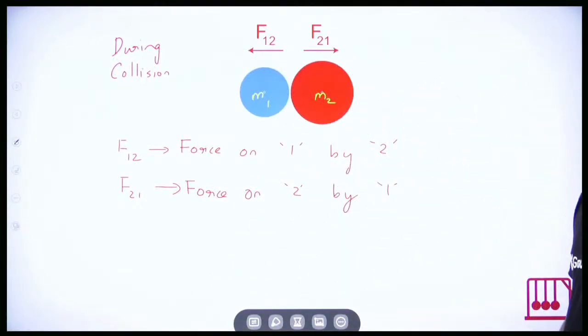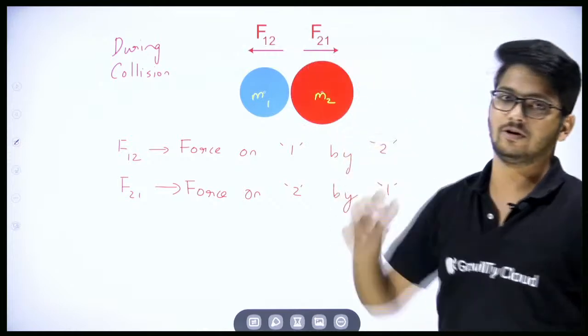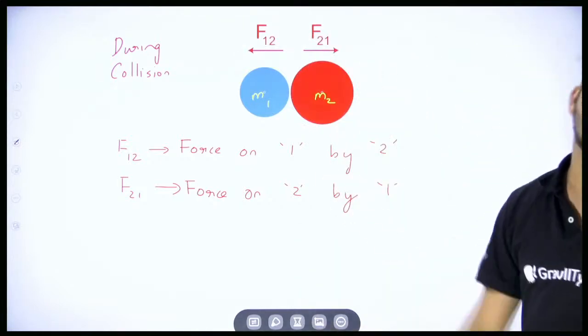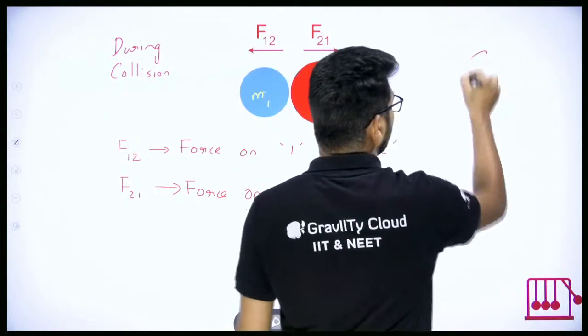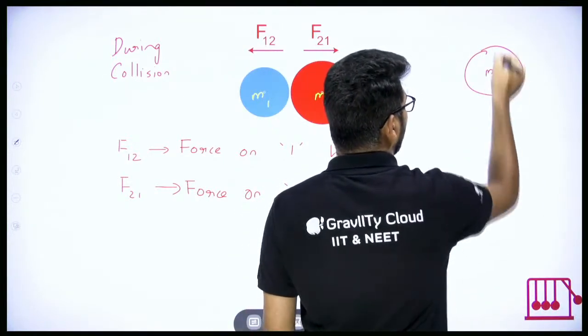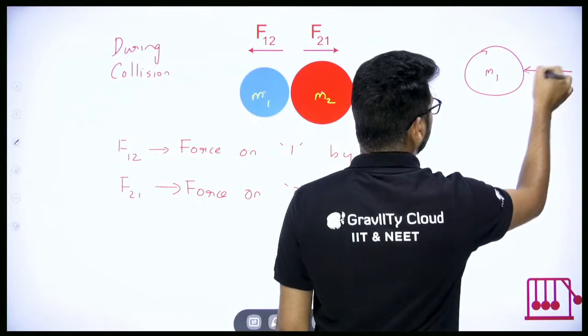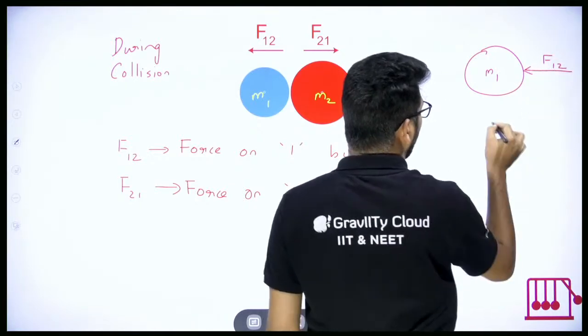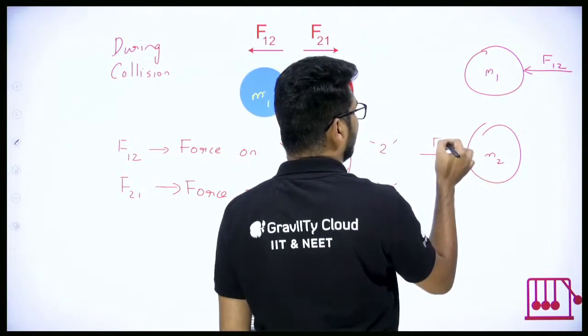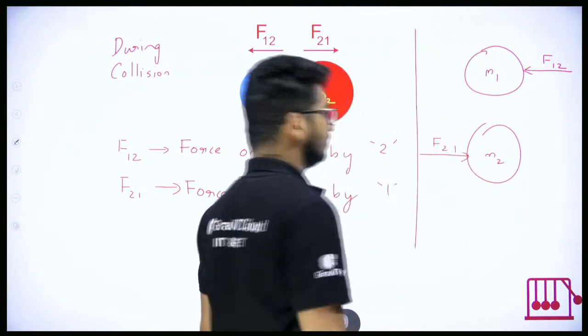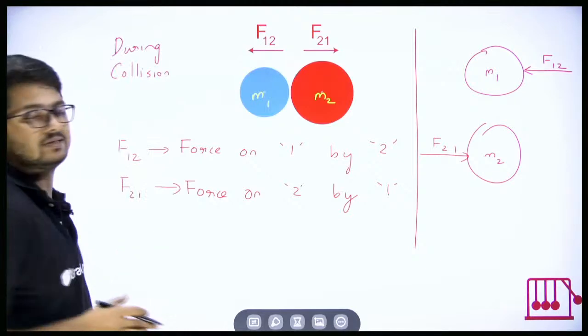Now, on m1, which force is acting? F12. On m2, which force is acting? F21. So on m1 the force acting is F12, and who is applying it? m2. And on m2 the force applied is F21, by m1.